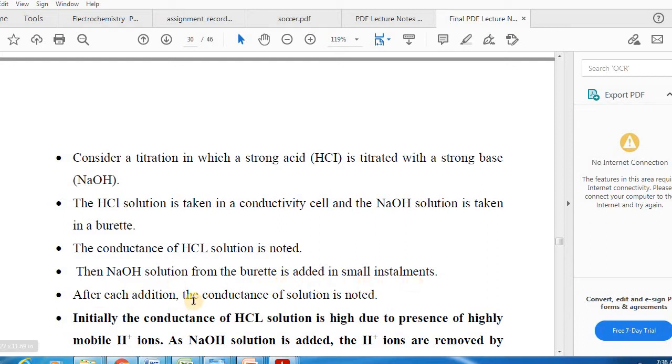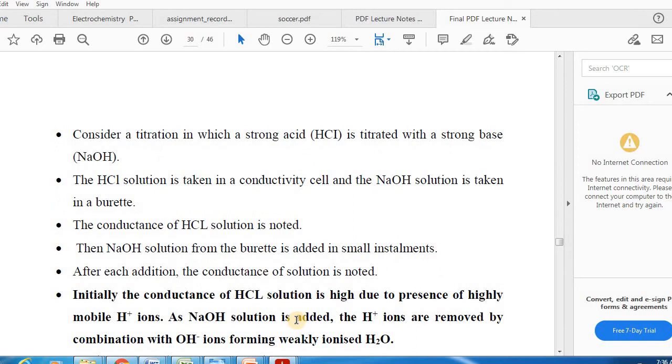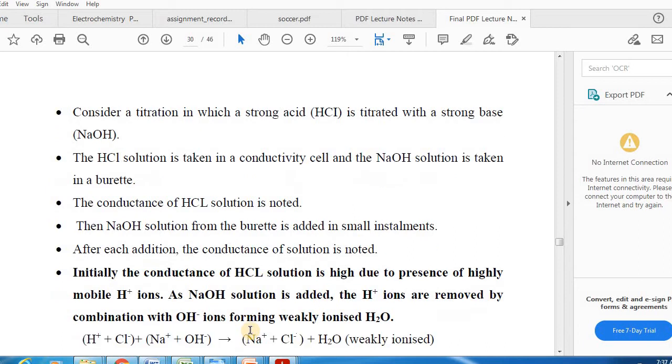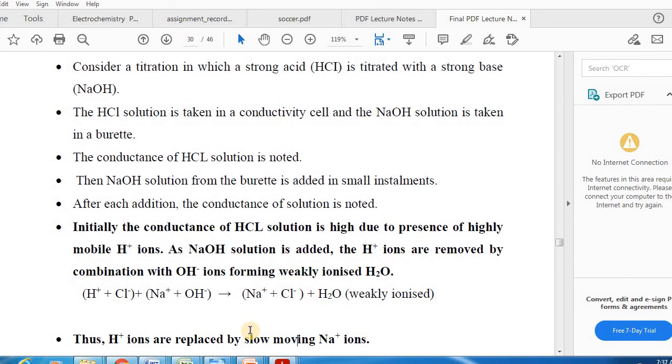After each addition, the conductance of the solution is noted. Now what happens? Initially the conductance of HCl solution is very high due to the presence of highly mobile H+ ions. As the NaOH solution is added, the H+ ions are removed by combination with OH- ions, forming weakly ionized water. So conductance will start decreasing.